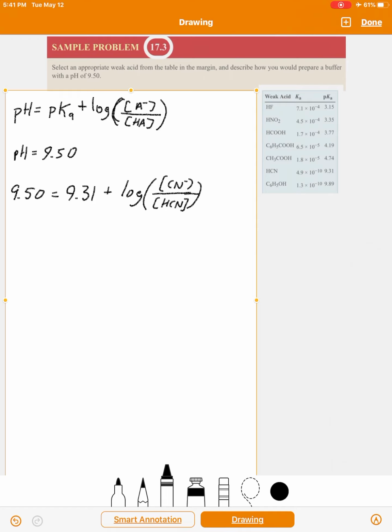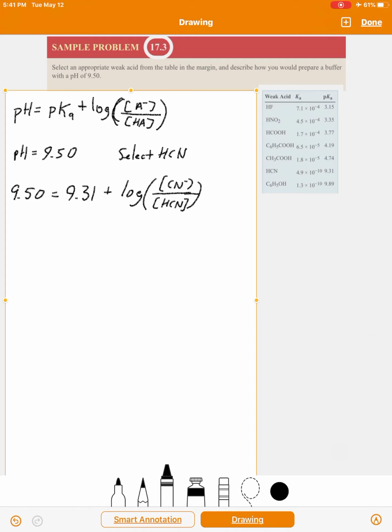Okay, so there you go. So now we've selected HCN. I guess I should write in here, we're going to select HCN, again because its pKa is closest to the desired pH, 9.50.